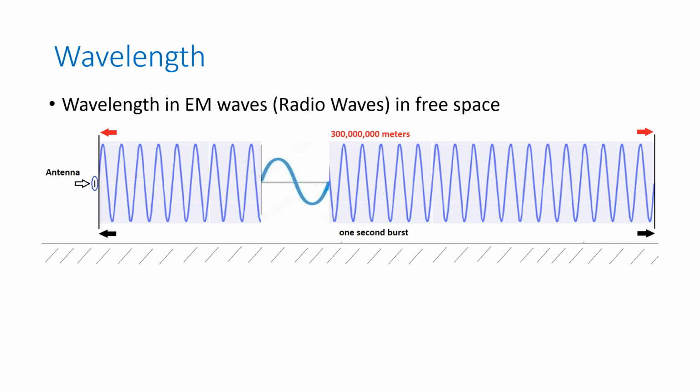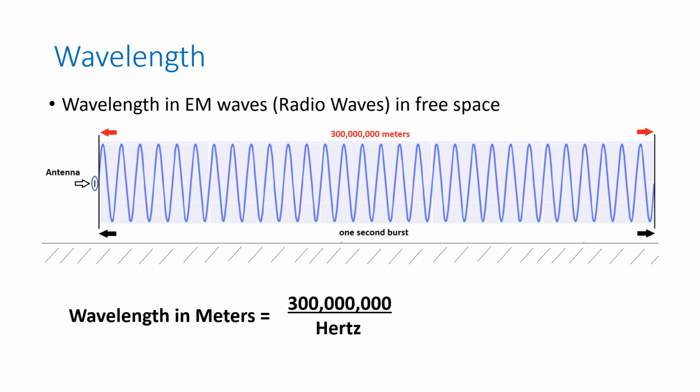Well, actually we can, because we know that all these waves are evenly spread out over 300 million meters, because we're only talking about what happens inside of 1 second. So if we were to divide 300 million meters by the number of hertz, or number of cycles in the RF energy, we would know how much distance each one takes up.